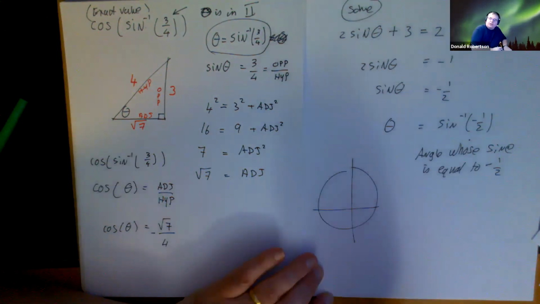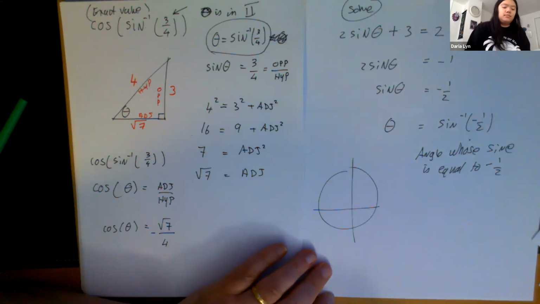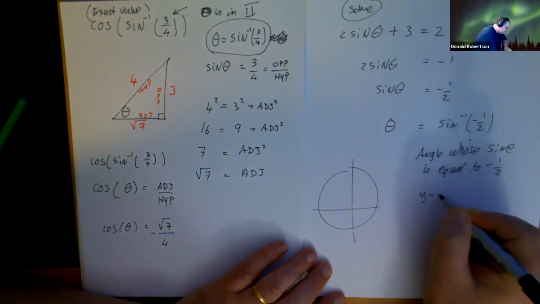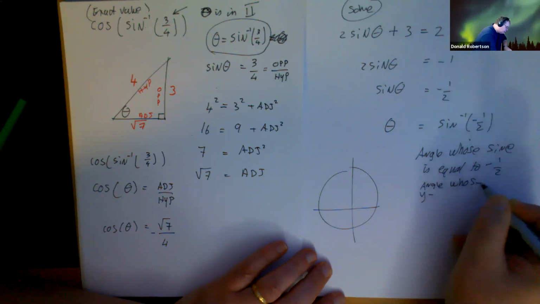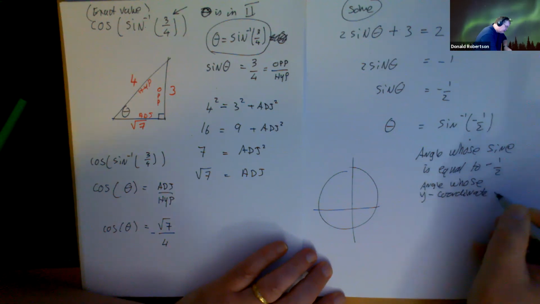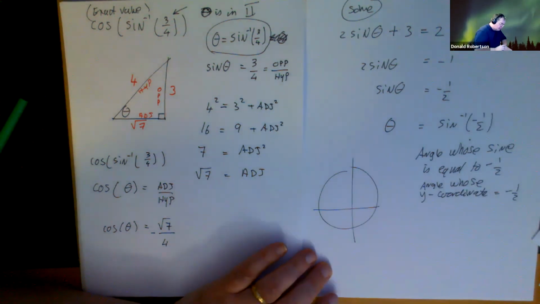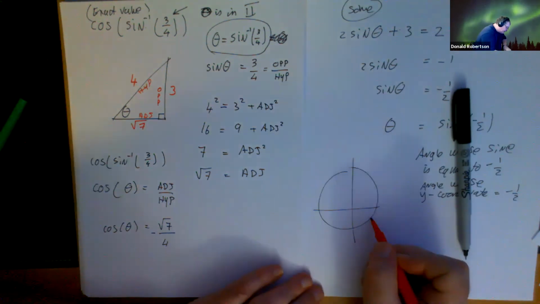Is the sine the y coordinate or the x coordinate of a point on the unit circle? y. Okay, so we're looking for an angle whose y coordinate is equal to -1/2.